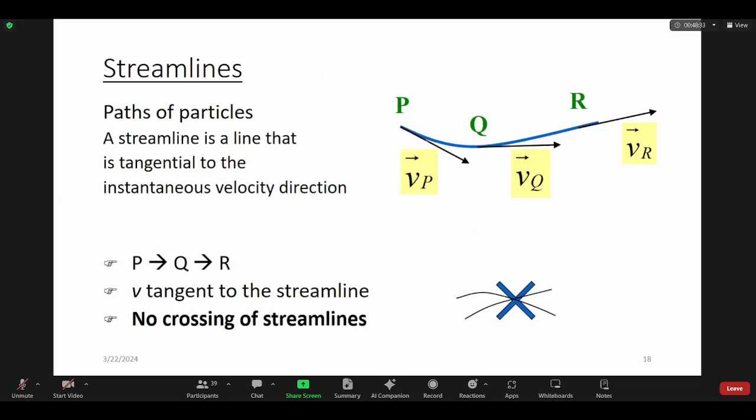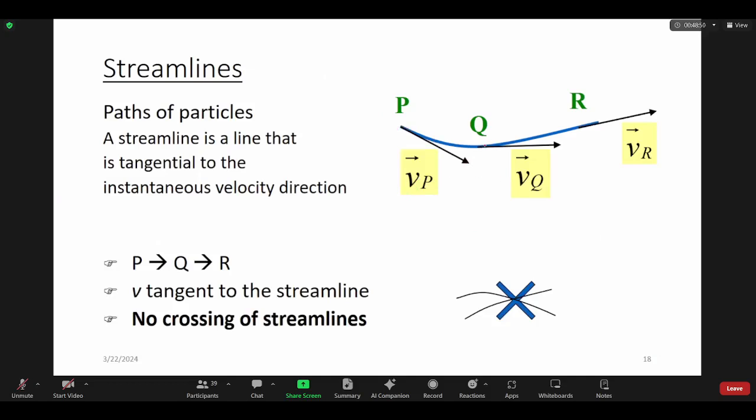If we have a curved streamline, you can get velocity using tangent lines. At point P, we can draw a tangent and the velocity is VP.